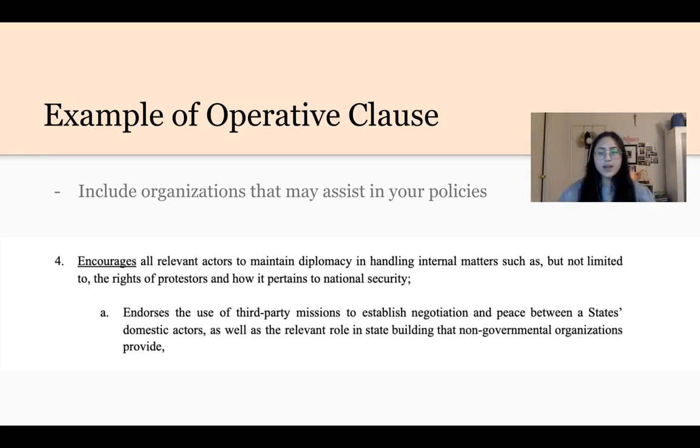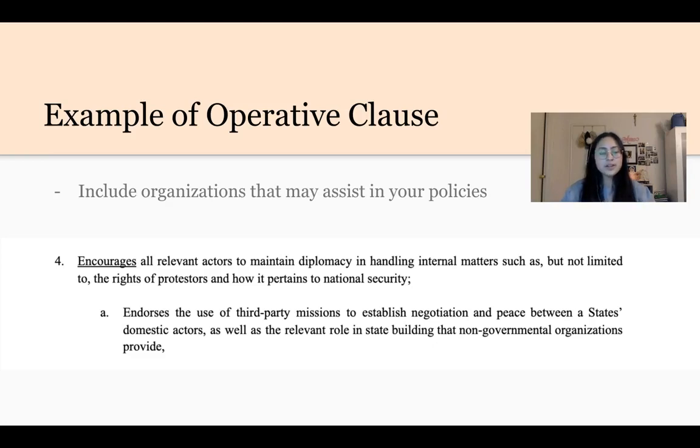And yes, that pretty much concludes our video for our operative clauses. Just to reiterate everything again, there are three main parts: heading, preambles, operatives. Heading, very basic. You want to include the committee that you are in, the topic you are discussing, your sponsors, and your signatories.